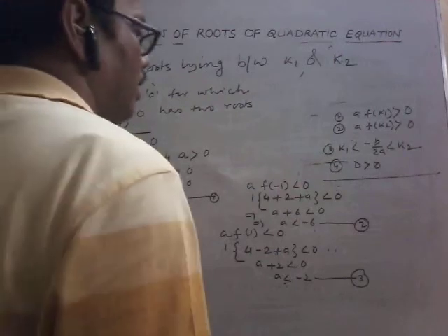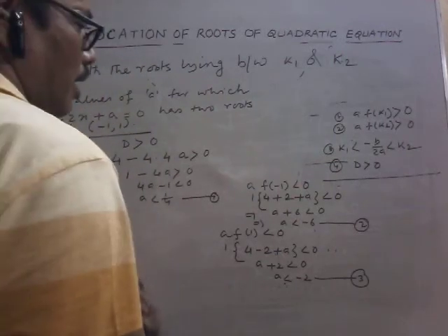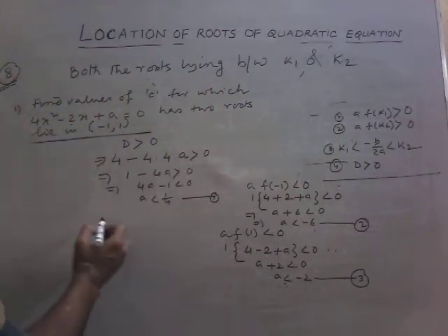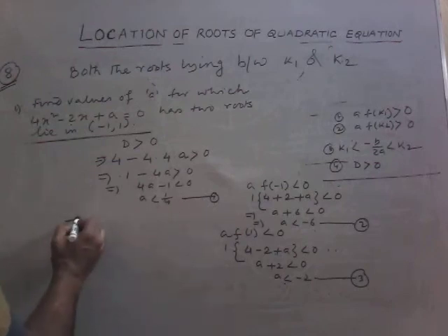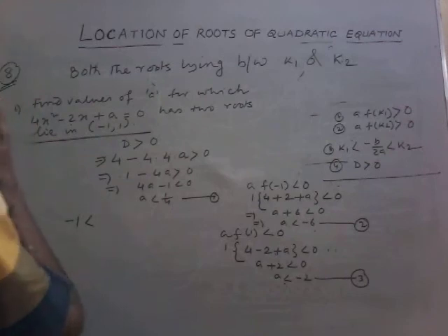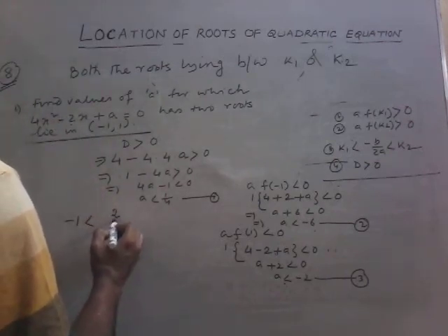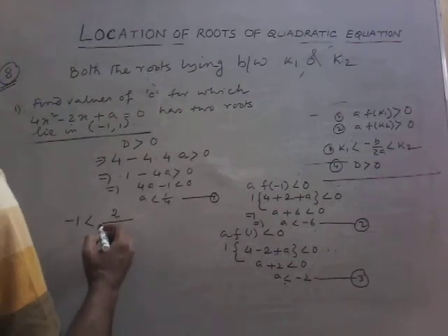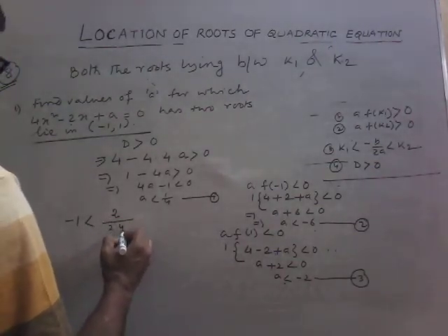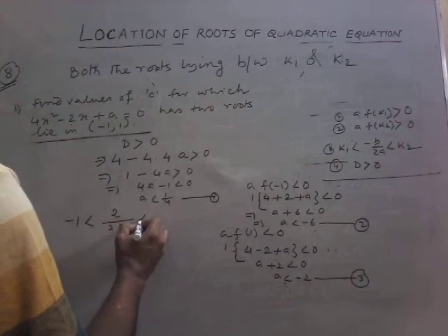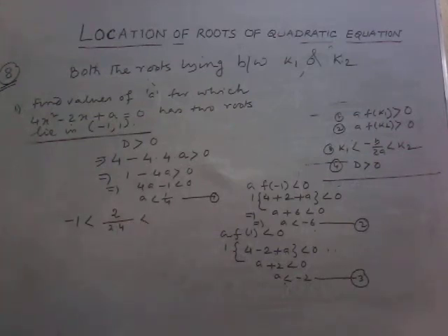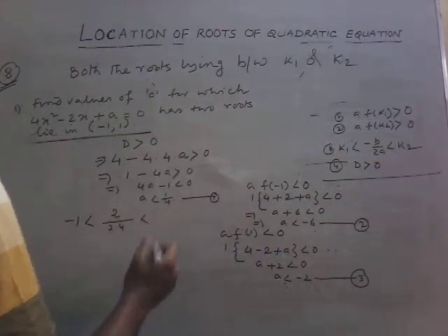And finally, minus 1 less than minus b by twice a. What is b? 2 by 2 into 4, less than what is k2?